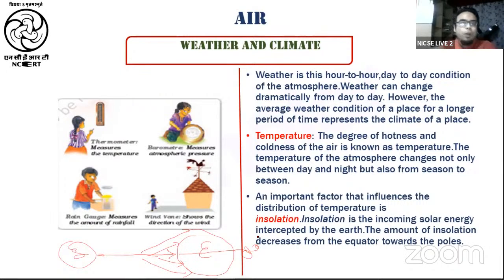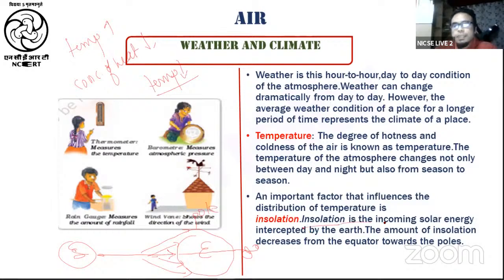So at the equator, what happens? As the sun rays are almost vertical, therefore your temperature will also be more. But as we move away from the equator towards the pole side, what will happen? Your angle keeps on increasing, therefore the concentration of heat will start to decrease, and because of this your temperature will also start to fall, right?